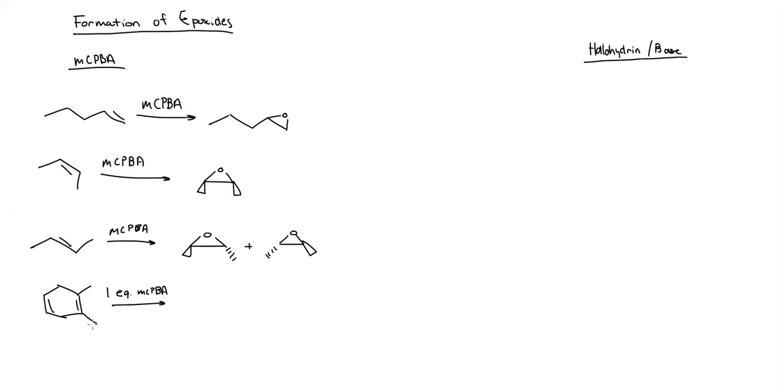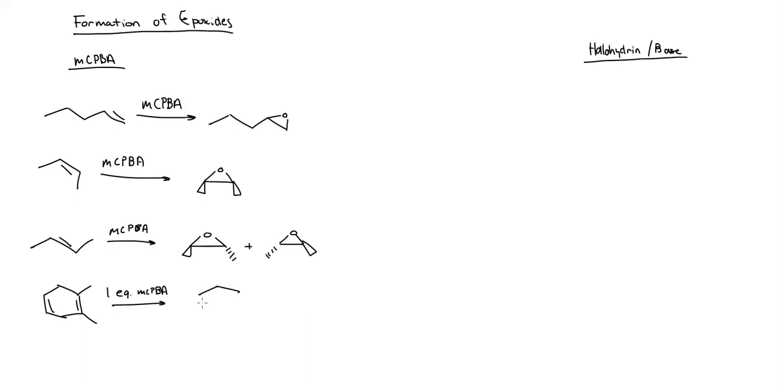The way we know this is we want to form the epoxide on the most electron-rich double bond. How do we know which one that is? Long story short, it's the one with the most stuff around it. In this case, this double bond has 1, 2, 3, 4. This is a tetrasubstituted double bond, it has 4 things around it, whereas the one on the left only has 2.